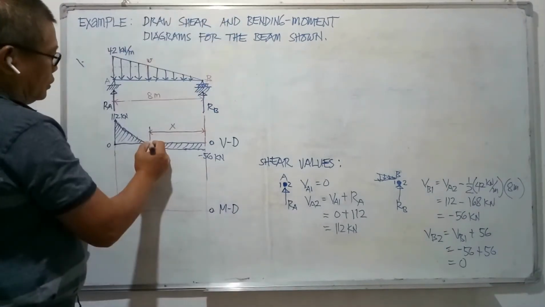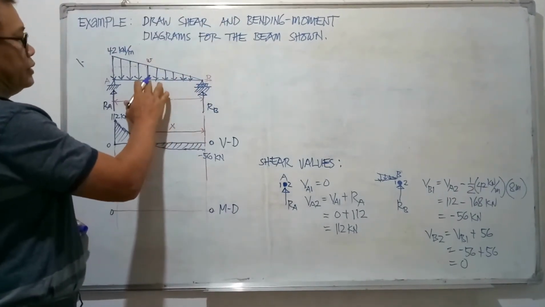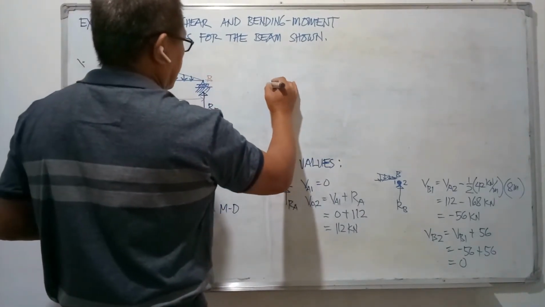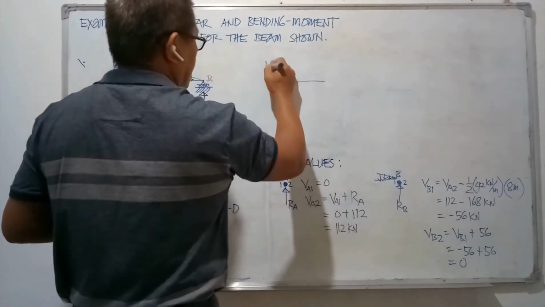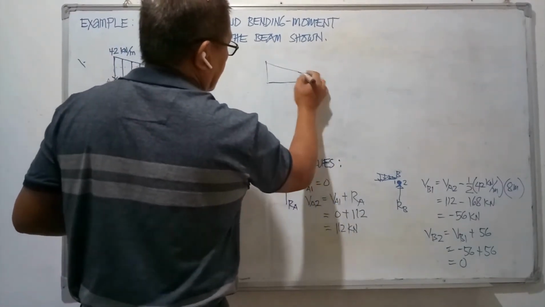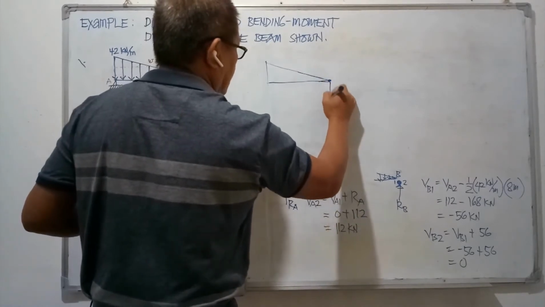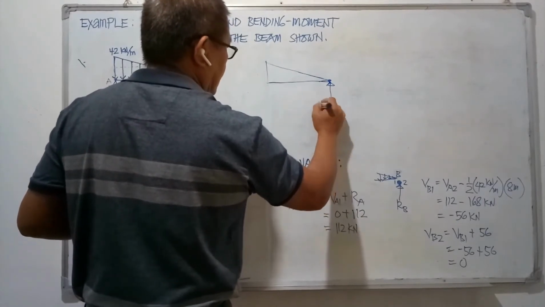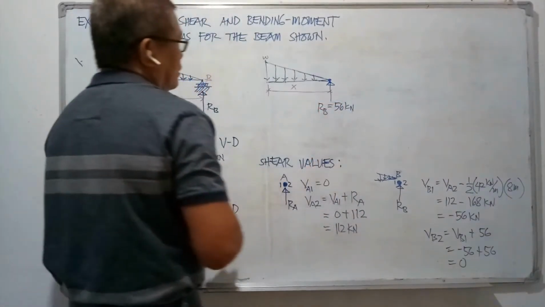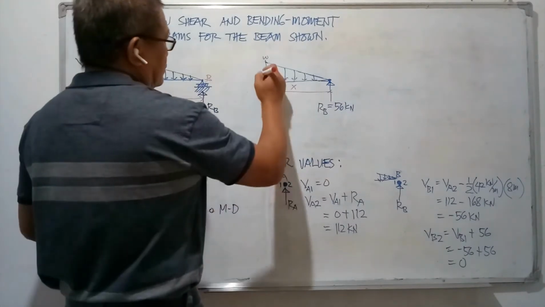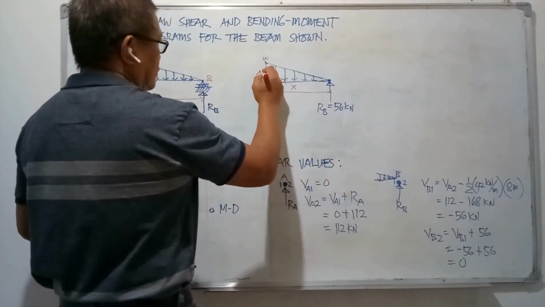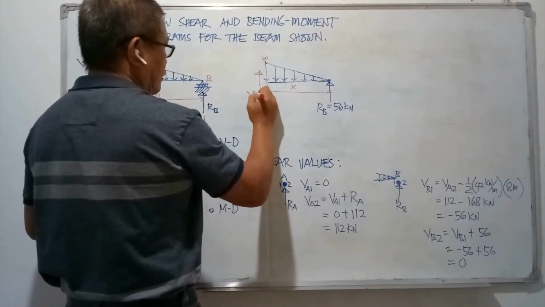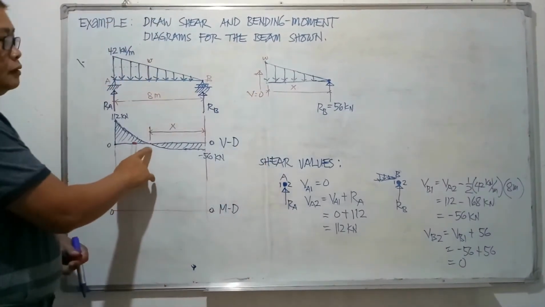At this particular point, we will draw a free body diagram of the right segment and indicate the action as V sub B. Shear here is 0, so V sub B equals 0.